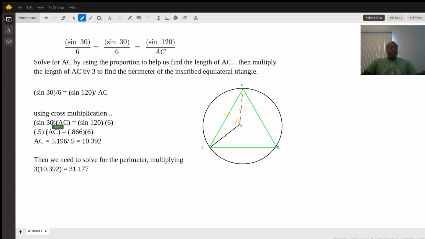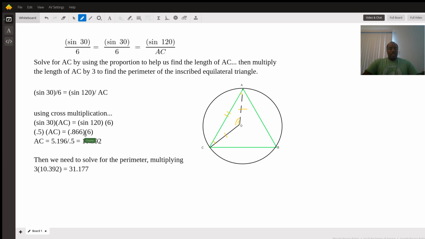Using some quick cross multiplication and calculation, we go from sine 30 times the unknown line segment equal to sine 120 times 6. The sine of 30, using your knowledge of the unit circle or just a calculator, is 0.5, times the unknown, equals approximately 8.66 times 6.